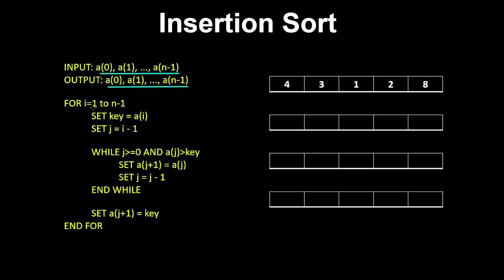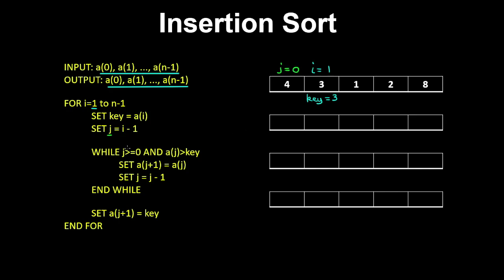The outer loop starts at the iteration i equals 1 and sets a variable key to be the current element in this array list. And a variable j is set to the index of the previous element in this array list.